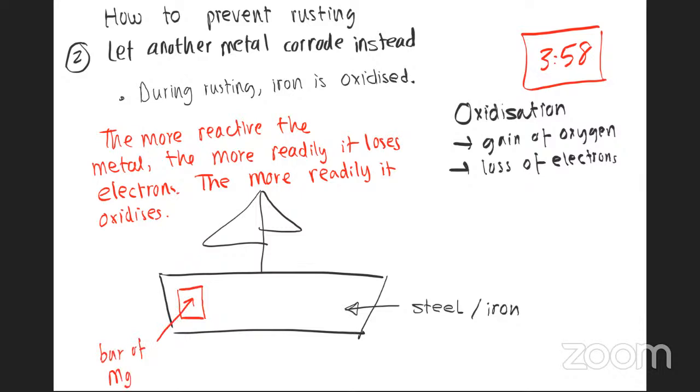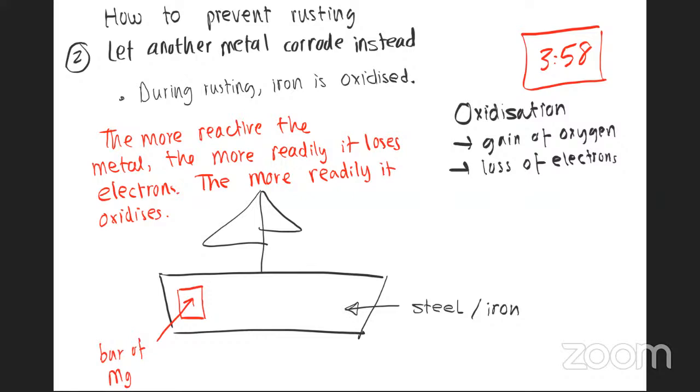So what happens is magnesium is more reactive than iron, so it has a greater tendency to lose electrons and react with oxygen. Magnesium is more reactive, so it has a greater tendency to lose electrons, and when it loses electrons and then reacts with oxygen, magnesium will be the one that rusts instead of iron.